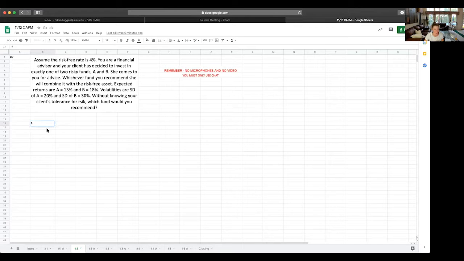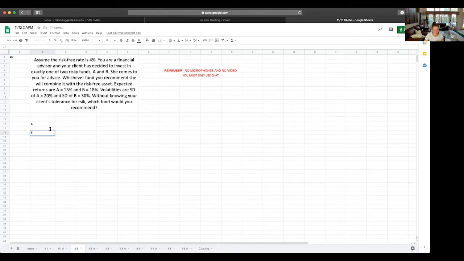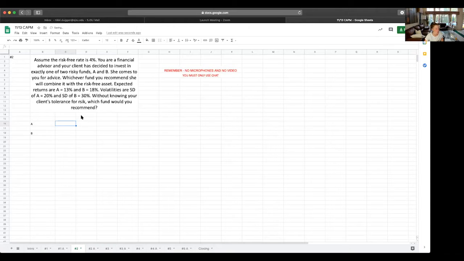So the way I set it up is just by listing A and B. And then for your equation, you're going to have A is 0.13 minus 0.04 divided by 0.2. And then when you do an equation, you should get 0.45.